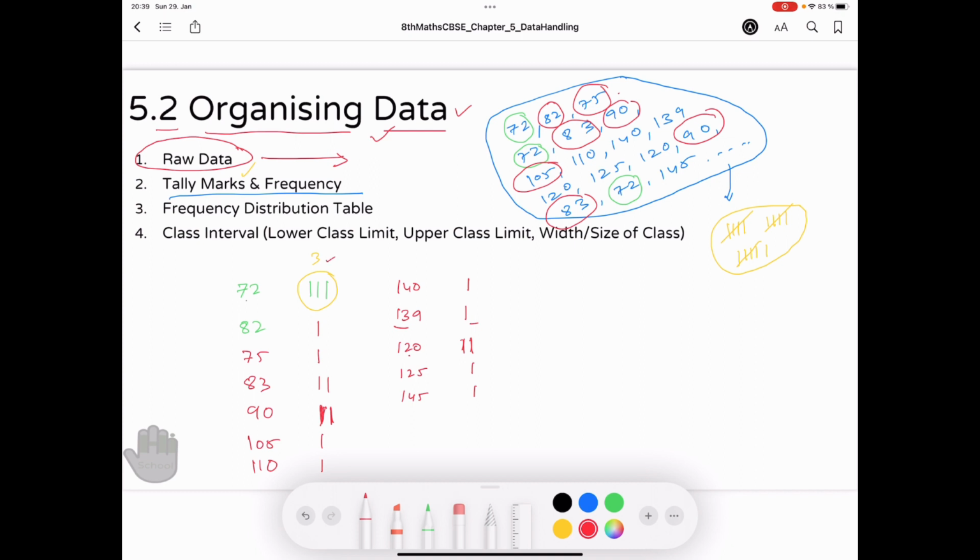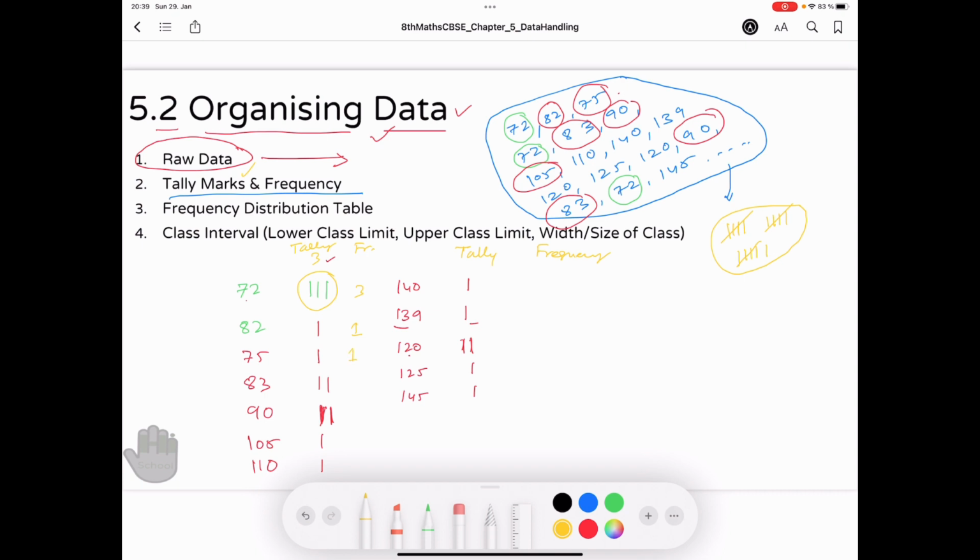So this is what the tally table is. The frequency of 72 is 3, frequency of 82 is 1, frequency of 75 is 1, frequency of 83 is 1. So if I write somewhere here, this is tally, and here the frequency. The frequency of this one is 3, and this one is 1.